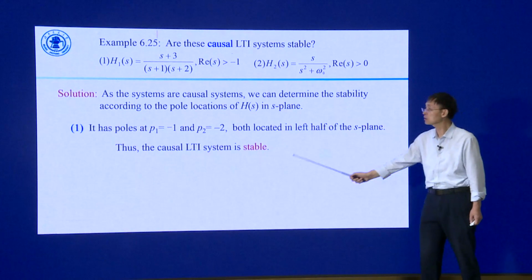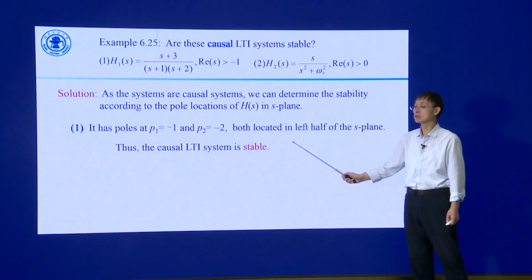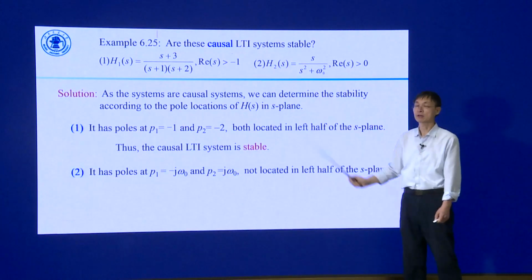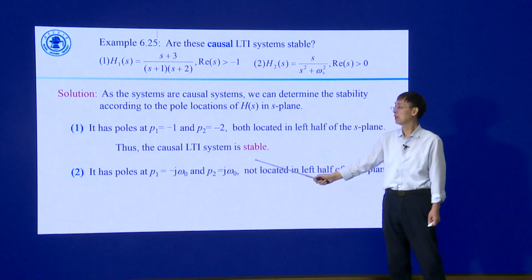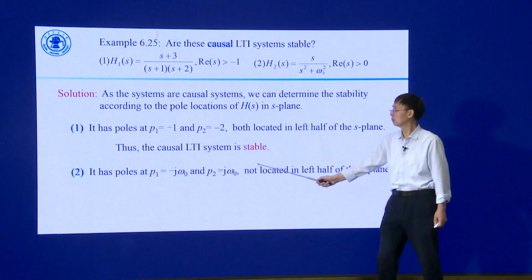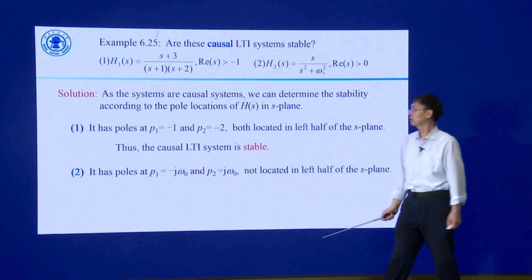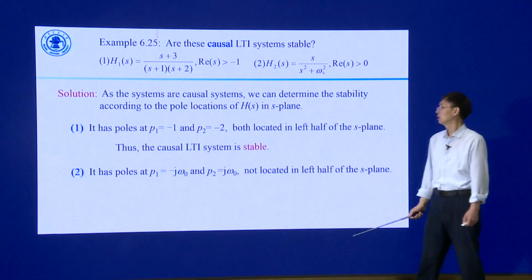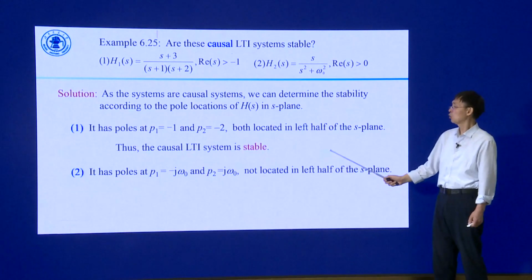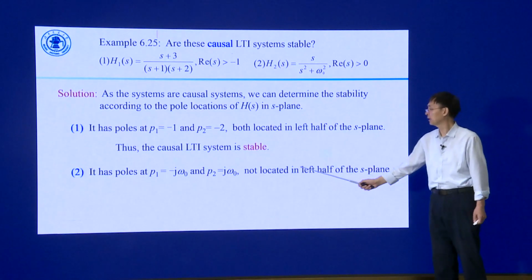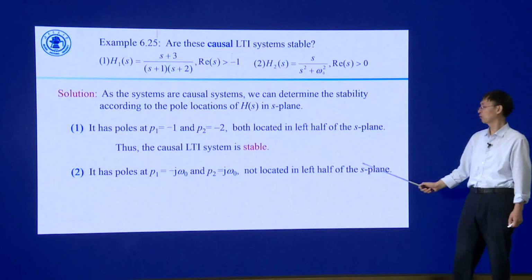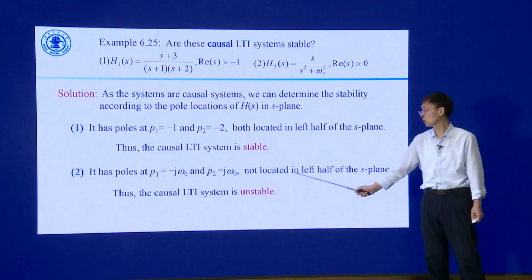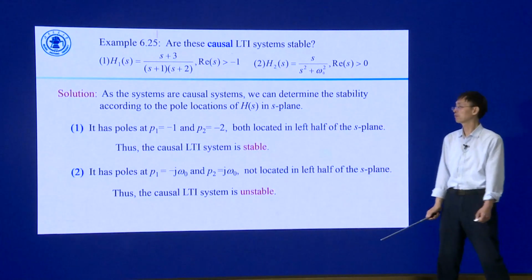So the causal LTI system is stable. For this transfer function, it has poles at P1 equals -j omega 0 and P2 equals j omega 0. So these poles are not located in the left half of the S-plane. So the causal LTI system is unstable.